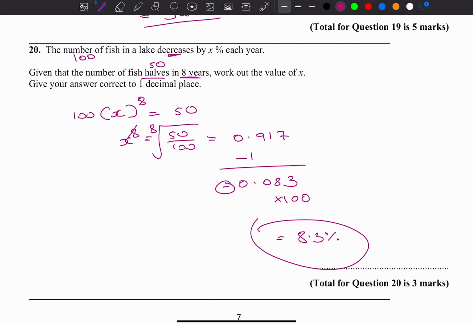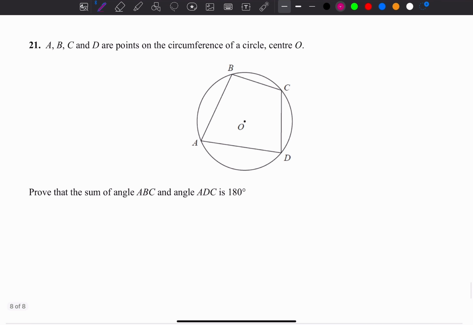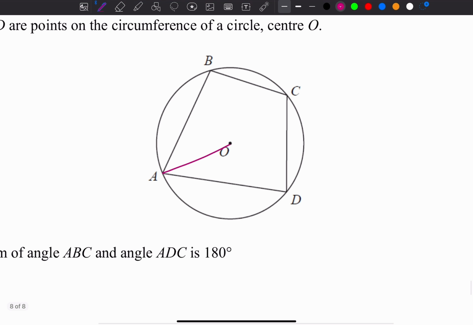Okay. Next one. Prove that sum of this angle is 180. ABC and ADC. Okay, so what you do is you're going to go here. You're going to go here. Let's call this x. So this is 360 minus x. Do you understand why? Because around a point, if I say AOC is x, the other one is 360 minus x.